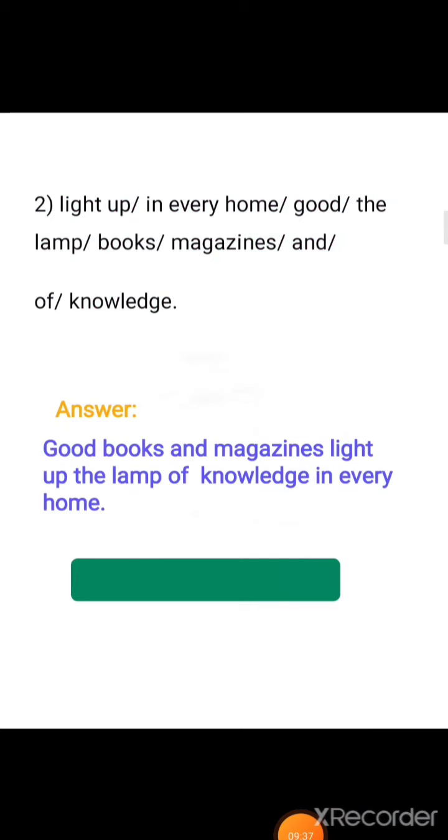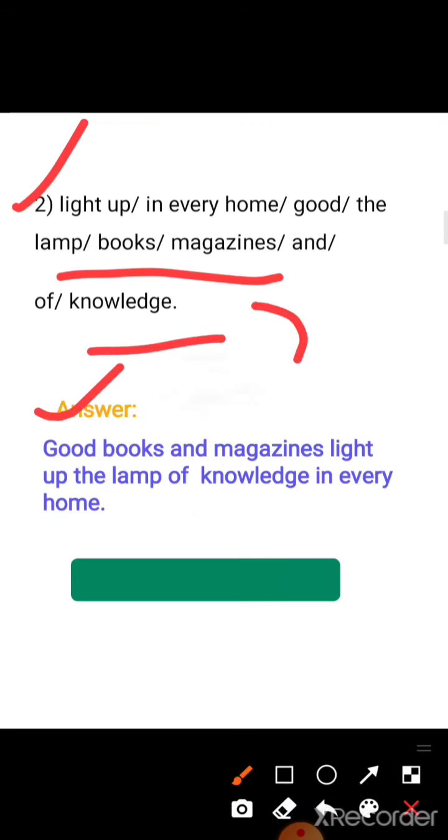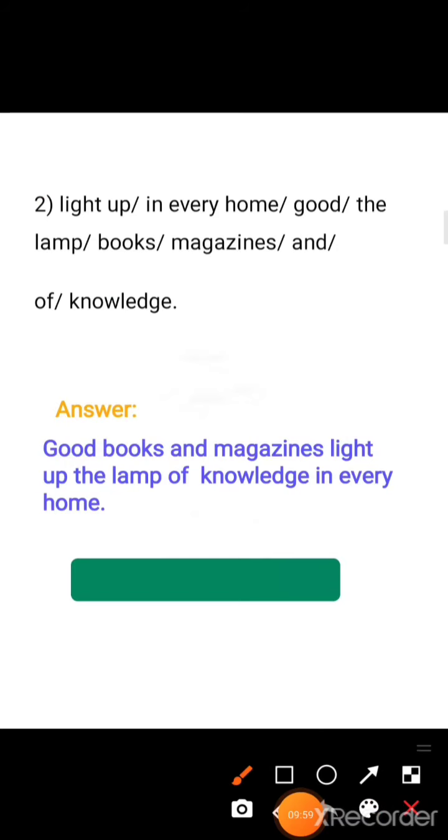See students, there is another example that I have given over here. Light up in every home, good, the lamp, books, magazines, and of knowledge. These are jumbled up words. You have to convert it into a meaningful sentence. Then how will you write?